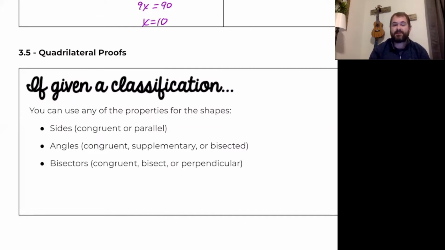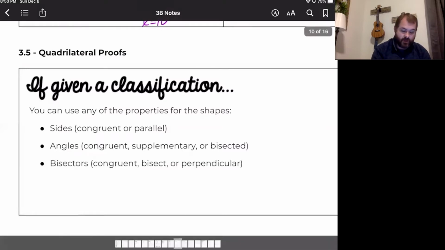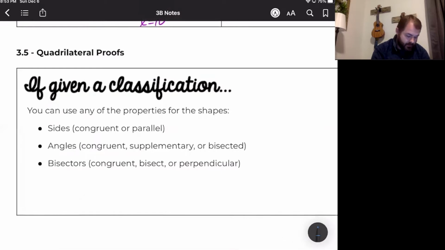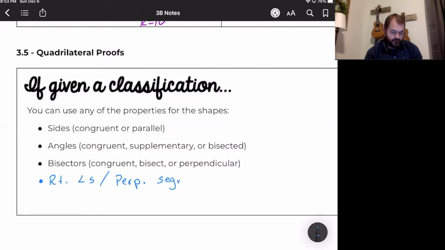You can use bisectors, congruent, bisector, perpendicular. You can also use right angle classifications, when we talk about perpendicular segments or right angles. All right, and those are some classifications we might need.